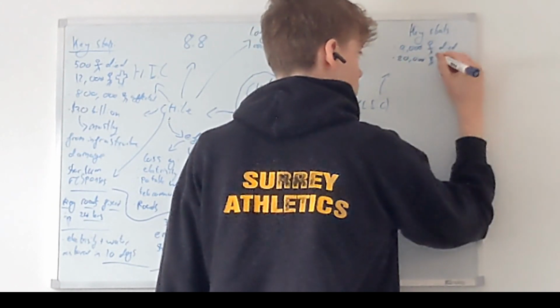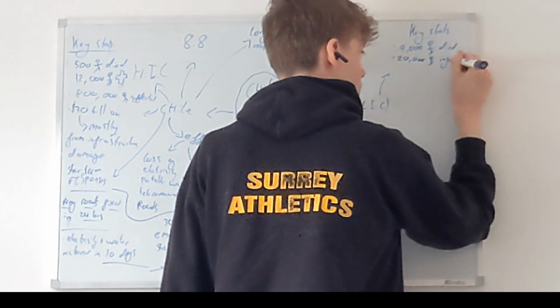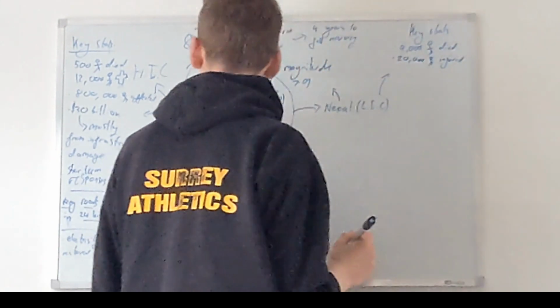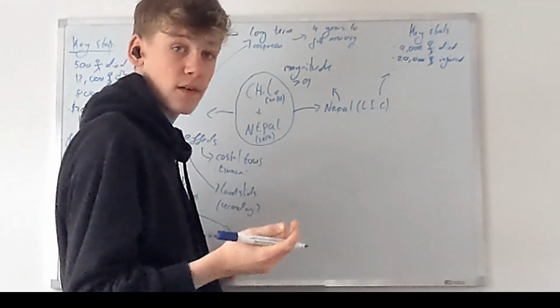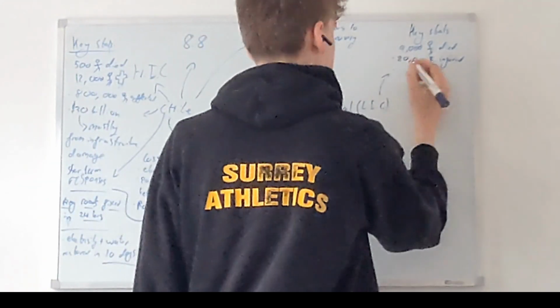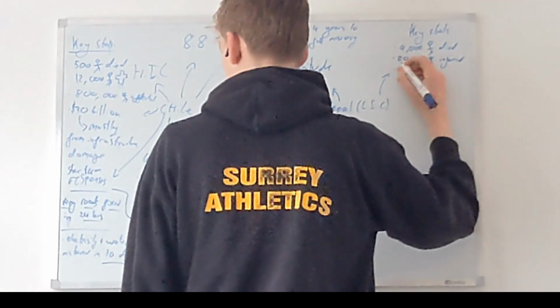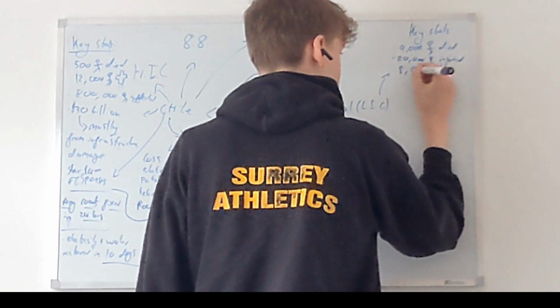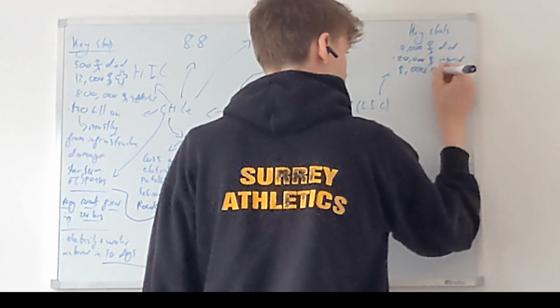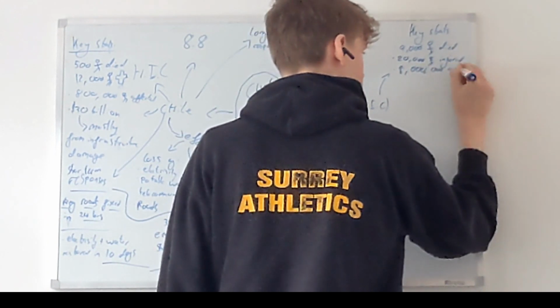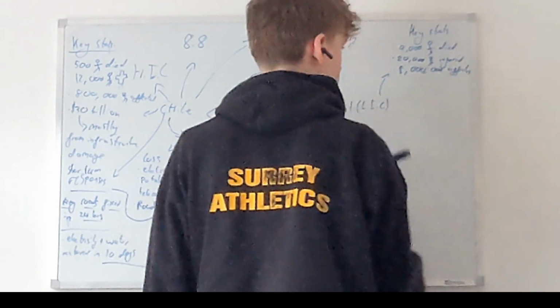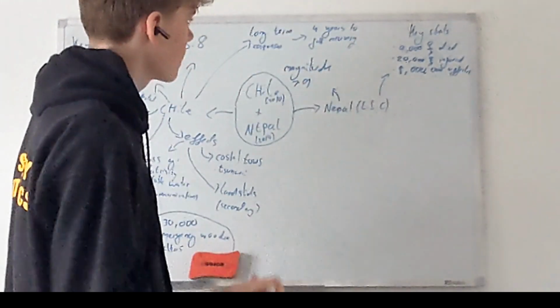And finally, in terms of social effects, 8 million people affected. So that's like people who lost jobs, people who were affected by the earthquake in any way.